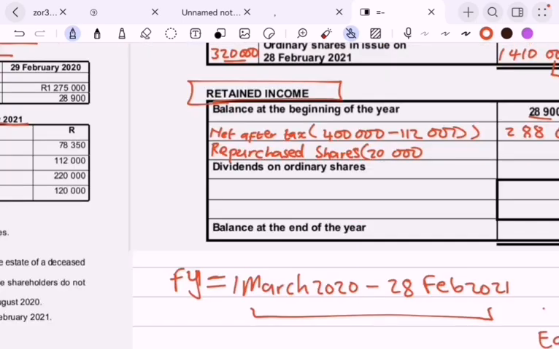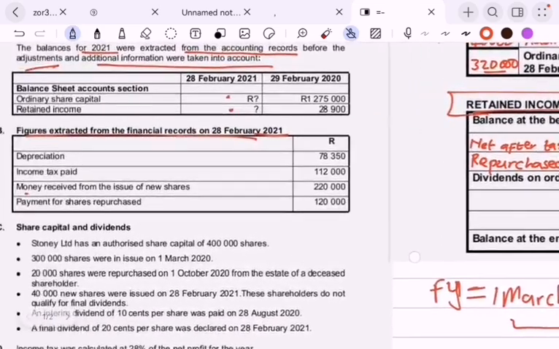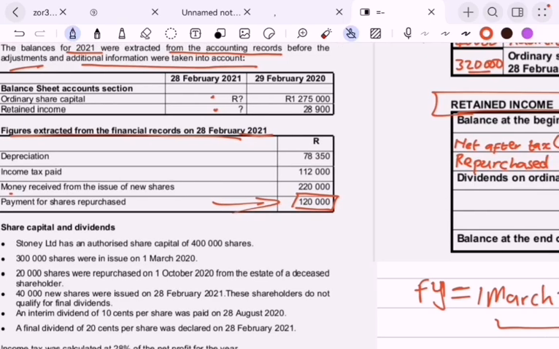So, based on your repurchased shares, we have to go look up the information there. And there we have 120,000 as part of our payment for repurchased shares. That's the total, people.